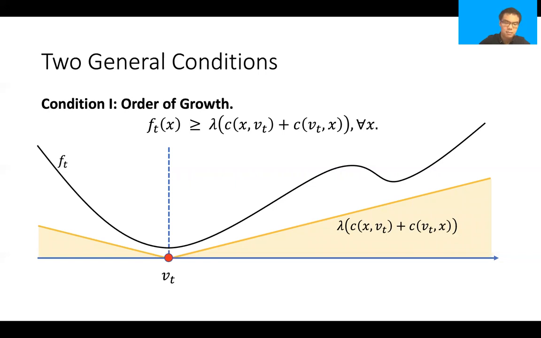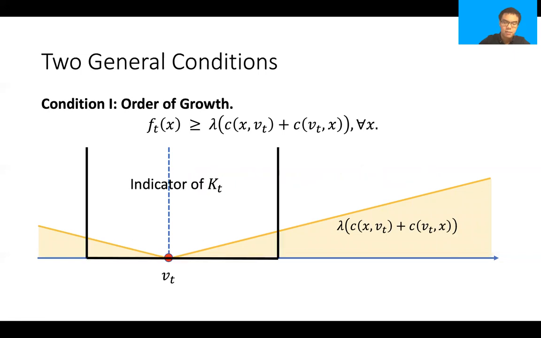So as you can see from this figure, this means the plot of this hitting cost function should not go into the yellow area. Notice that convex body chasing does not satisfy this condition because the indicator of a convex body K_t will intersect this yellow area.